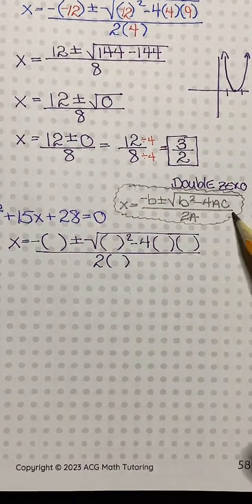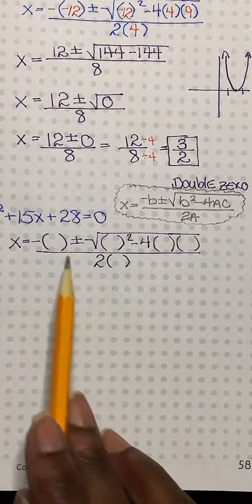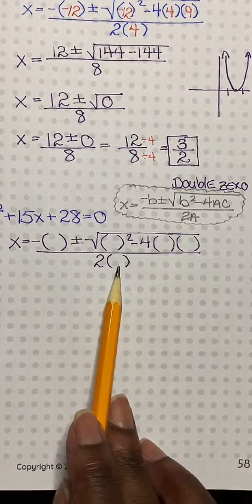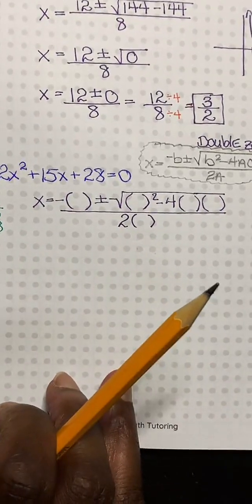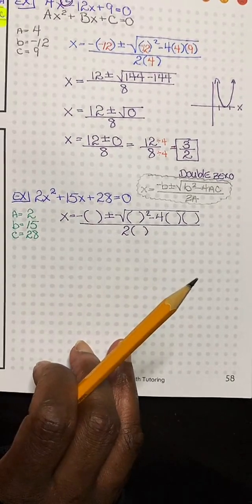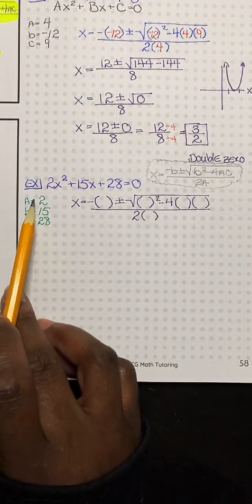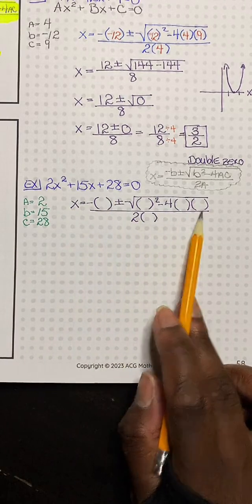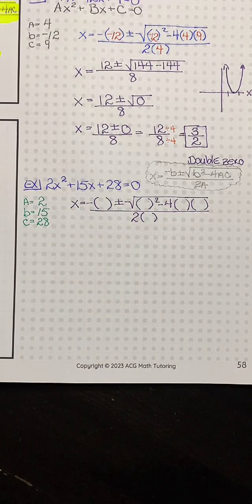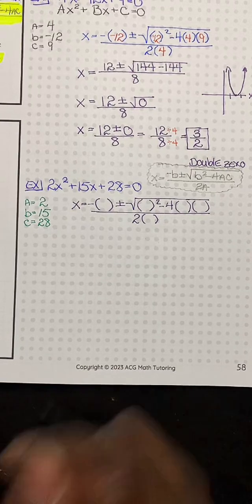I like to put in parentheses because we're putting these numbers that we pulled for the A, the B, and the C into the formula. You can use a quadratic equation to help you find your x-intercept, your zeros, your slope, all of that.